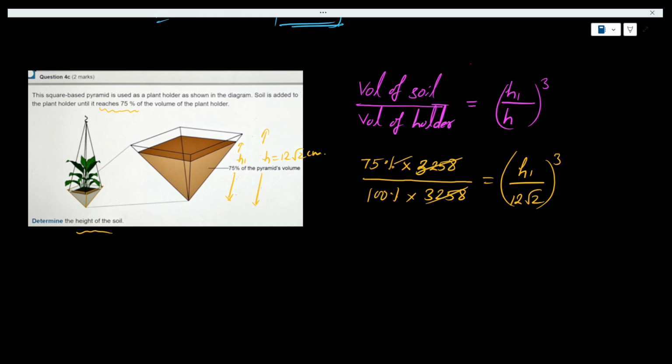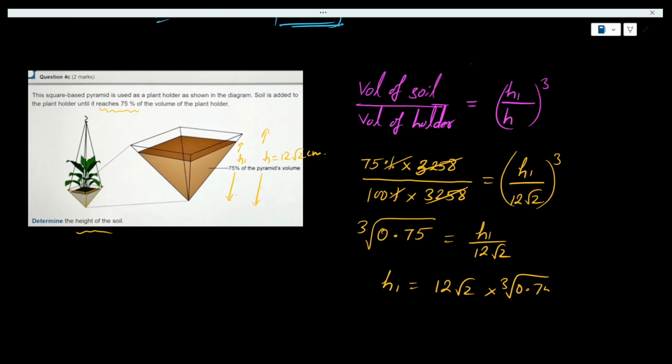We don't need to calculate because it will get cancelled. You will be left with 0.75. If cube comes to this side, it will become cube root of 0.75 equals h1 by 12 root 2. Now if you transpose, h1 will be 12 root 2 times cube root of 0.75.